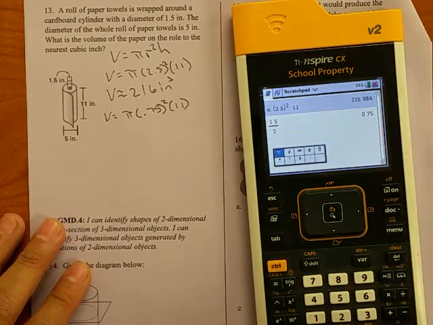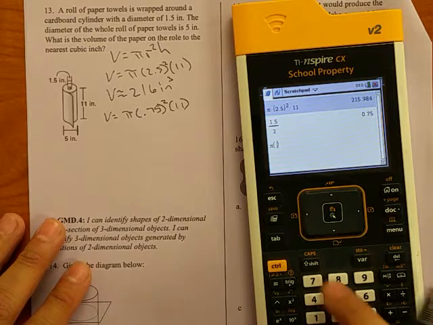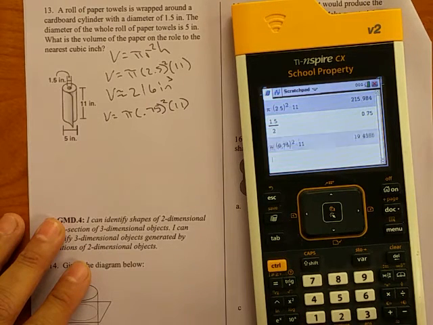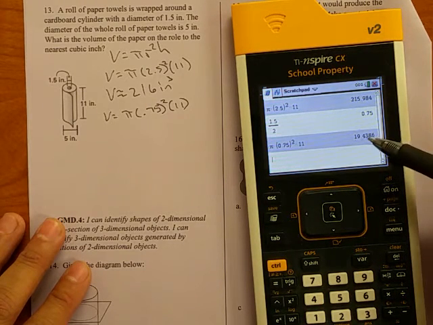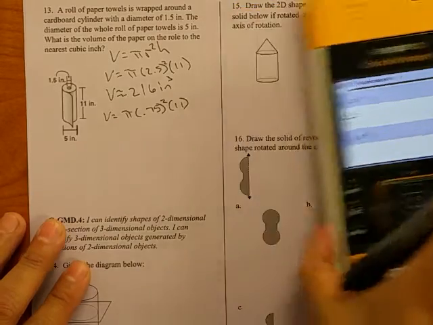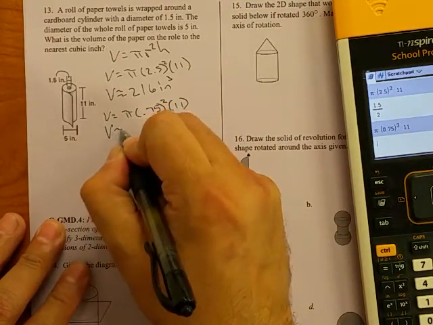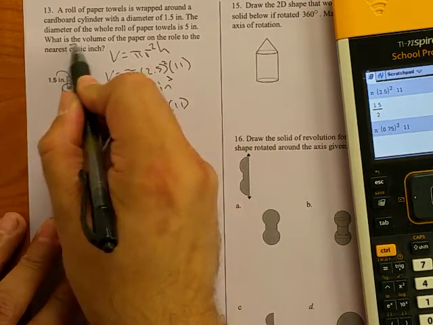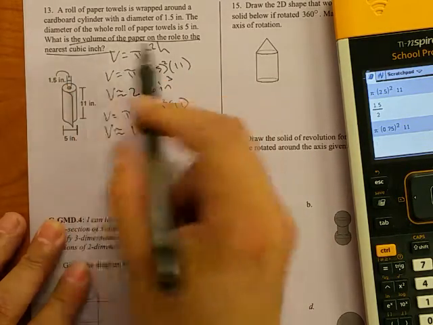It's pi, parentheses 0.75 close, squared, times 11, enter. I get 19.4, which comes out to 19. So the volume is about 19 inches cubed, because it says round to the nearest cubic inch.